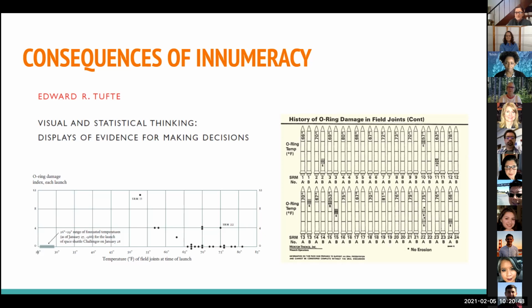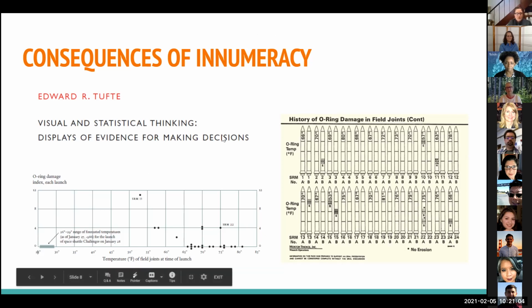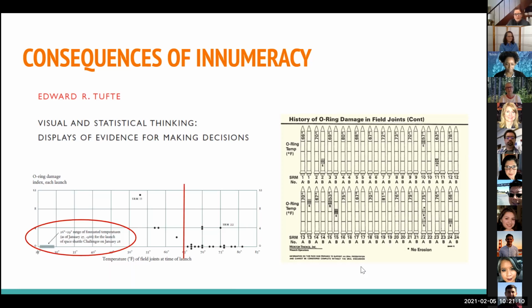On the right-hand side is their visualization, which at a glance is not necessarily very helpful in understanding what you're looking at. And on the left is one of the several visualizations Tufte made of the same data sets, illustrating how having just simple, better tools around visualization would have helped provide better answers.